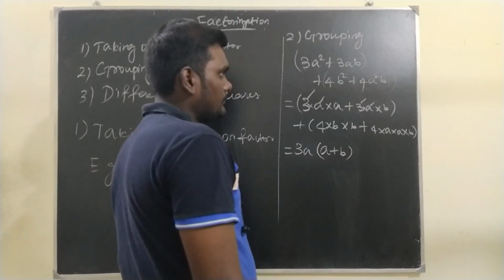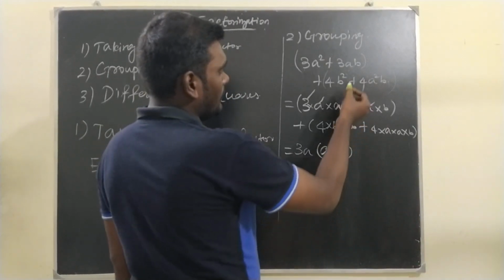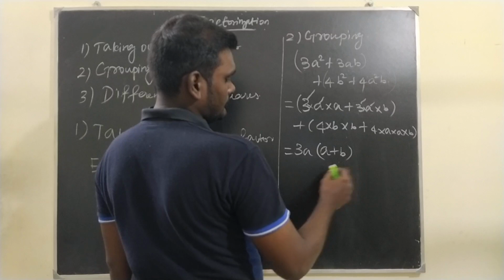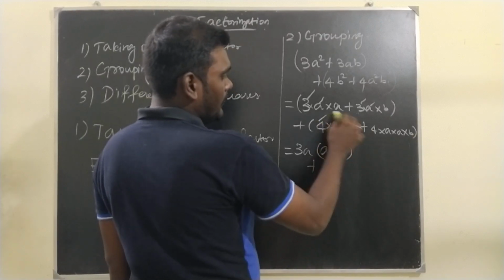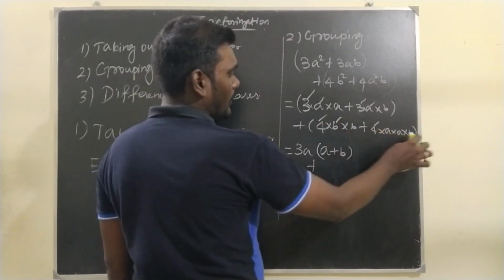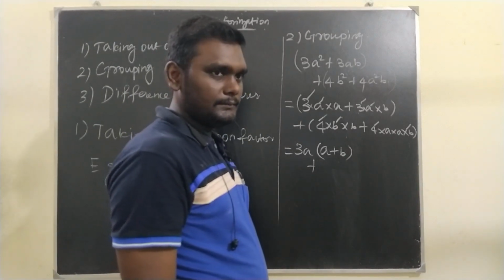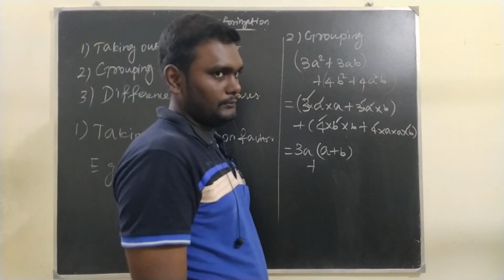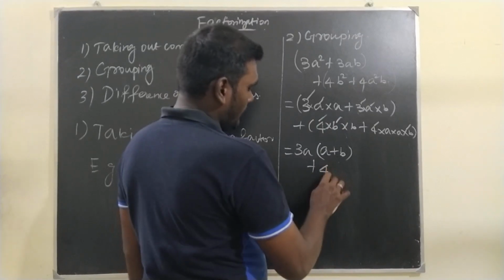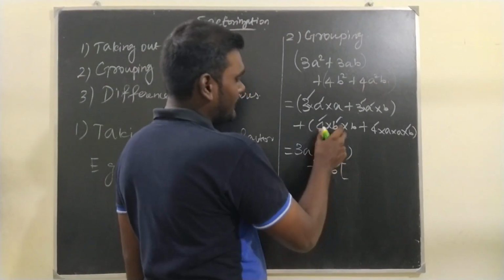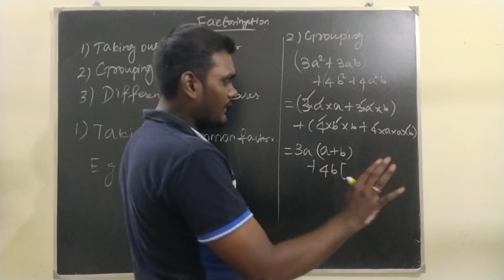Now, here also 4 is common and b is common. Is anything else common? No. So, we will take 4 and b out, and except these taken out things, the remaining stays inside.